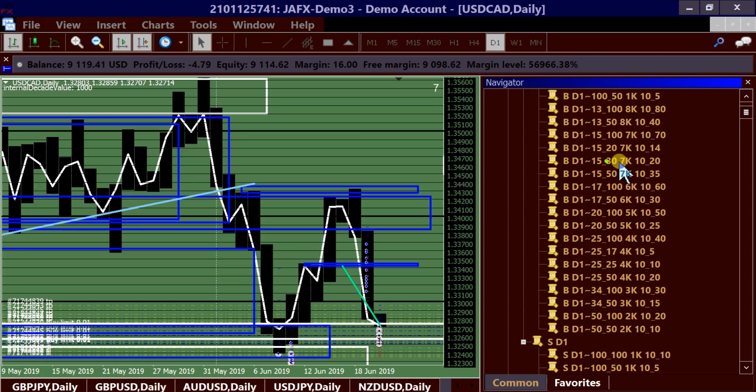Risking 15 to make 30. This isn't bad. 15 to make 20. This isn't asking too much. But risking 13 to make 100 pips, and I don't even have the 150 pip winners in here. So I'm actually cashing out of this account at the end of the day, or at the end of the session, so I'm actually cashed out of open positions too.